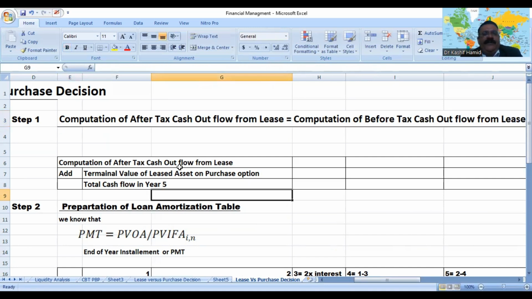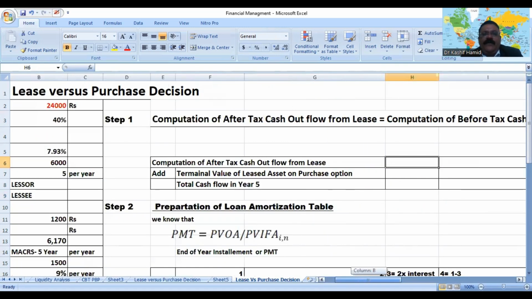So computation of after-tax cash outflow from lease is initiated from 6,000 multiplied by one minus tax rate, and that is equal to 3,600.